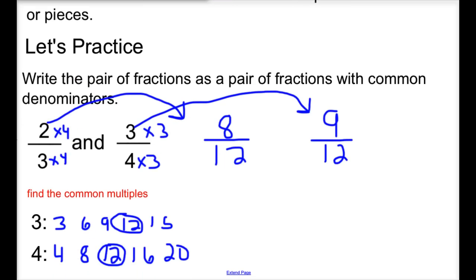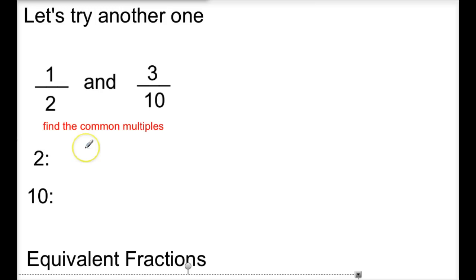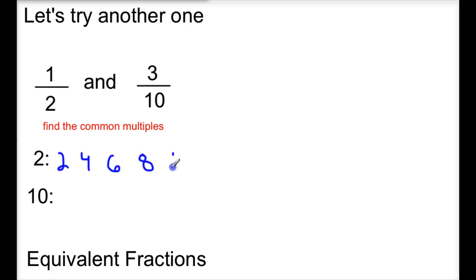Okay, let's try another one. Here we are going to represent 1/2 and 3/10 as a pair of fractions with common denominators. So again, I'm going to find the common multiples. So this one I'm going to count by twos: 2, 4, 6, 8, and 10.